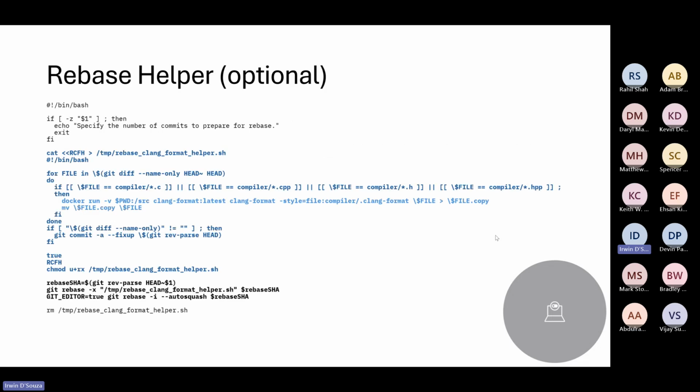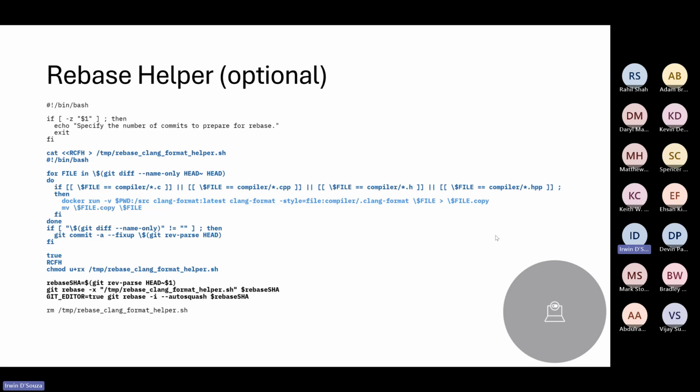All it does is rebase however many commits you want and call a script. The script calls clang-format and then does some git magic to squash it, so you don't actually see the change. Essentially the formatted change becomes part of your commit.